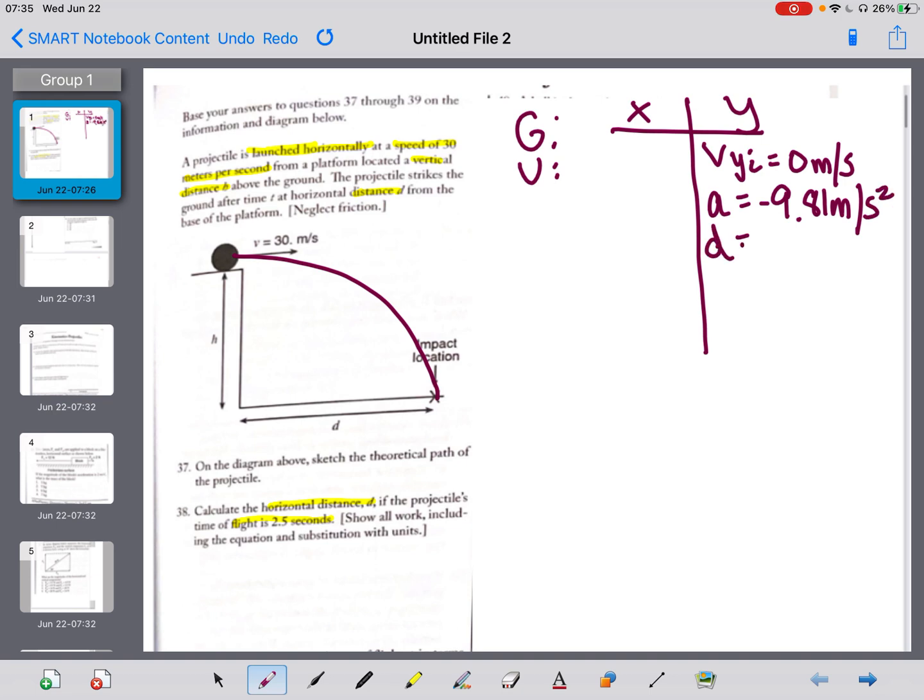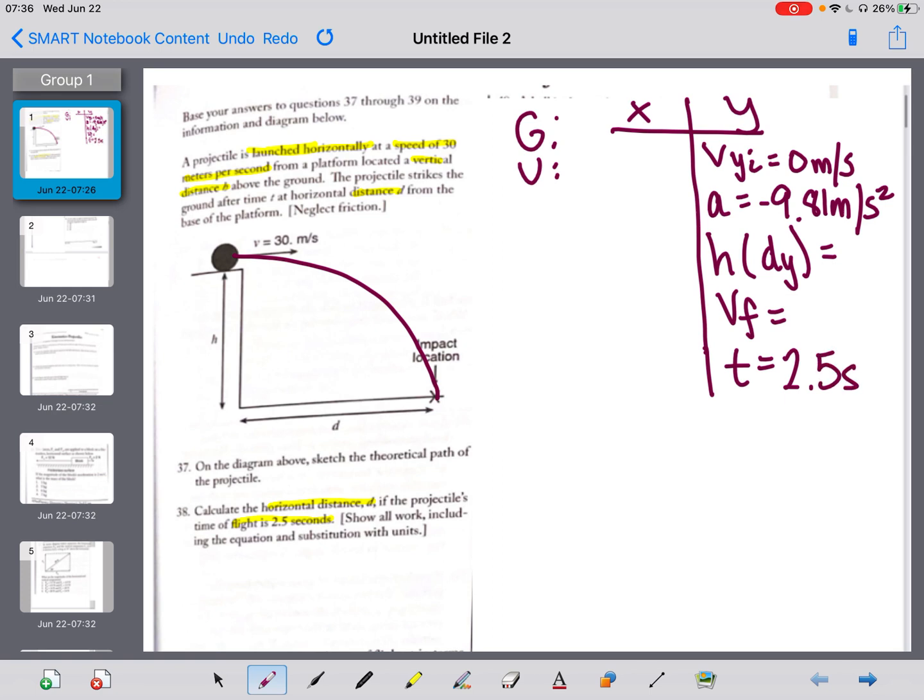You do not know this distance yet, they label it height. So let me stay consistent, H, which we could call dy. We don't know what that is yet. We don't know our final velocity. We do know that the time of flight is 2.5 seconds.